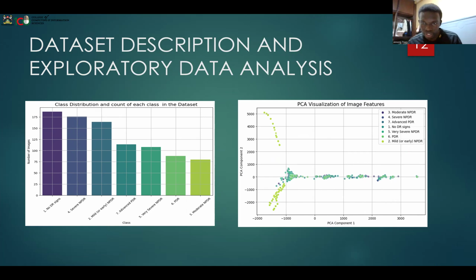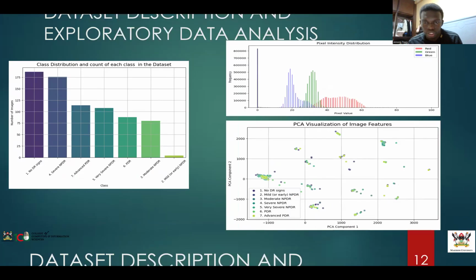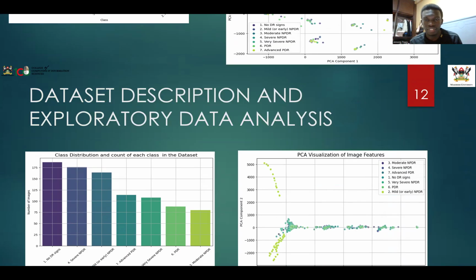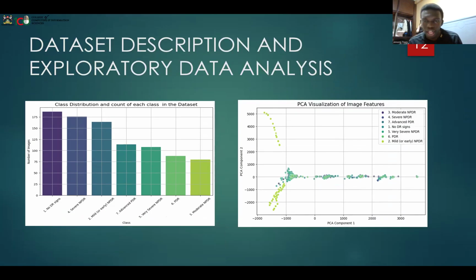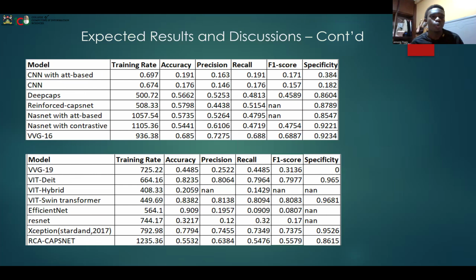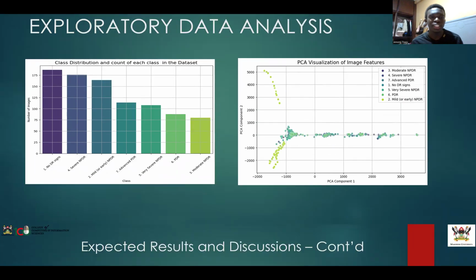As you can see, the clusters of the mild are a bit significant compared to the PCA visualization we had before the adversarial learning, and you can also see the other clusters of the different classes of DR. Then if you go to the expected results, we trained different models on our new dataset.